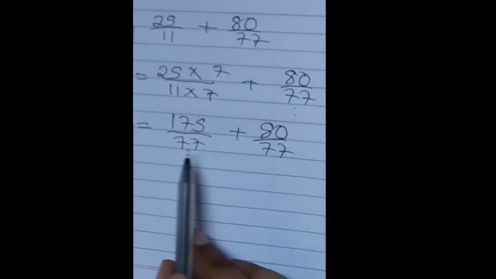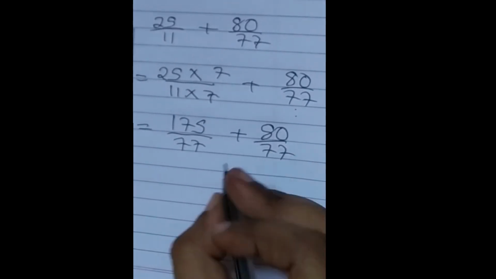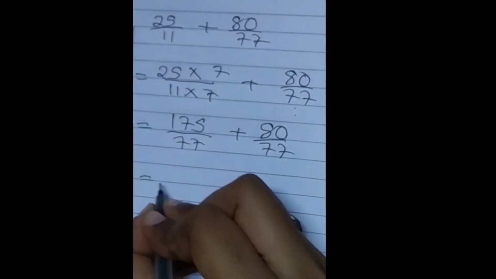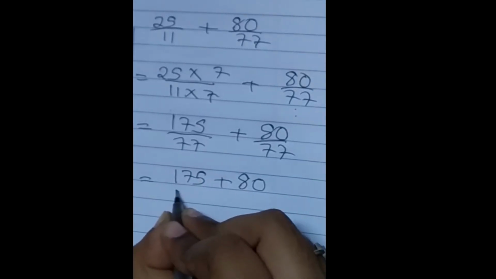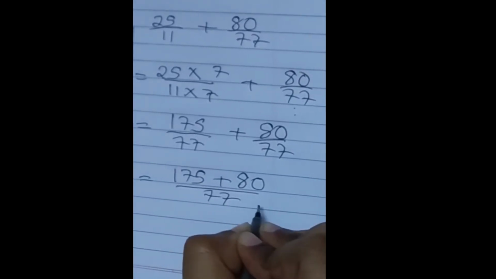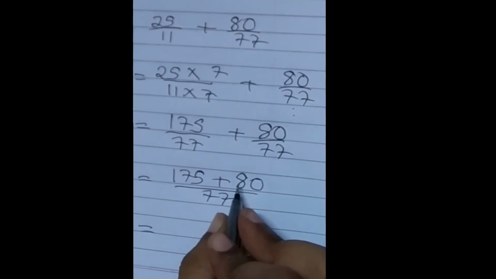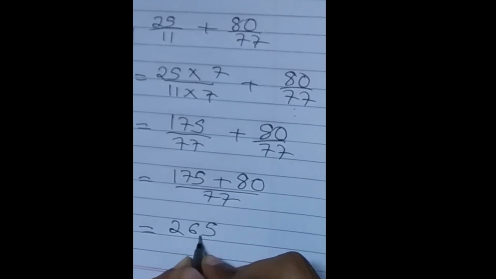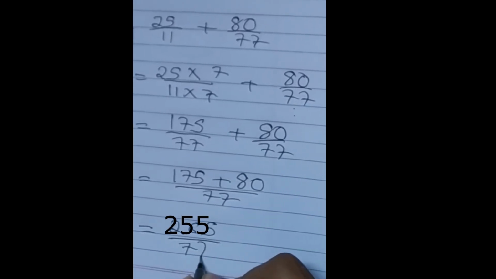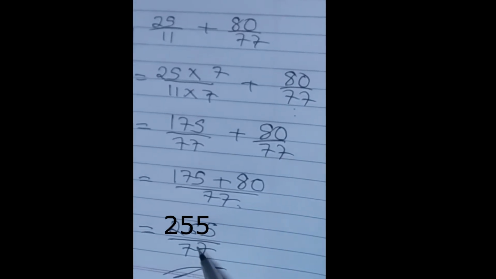See, now the denominators have become same, equal to 175 plus 80 upon 77. 175 plus 80 will be 255 upon 77, so this is the final answer.